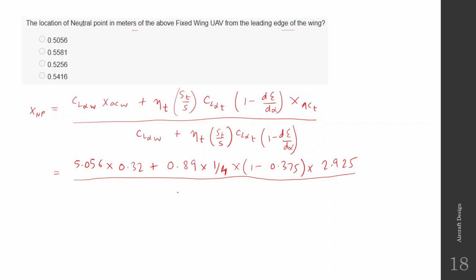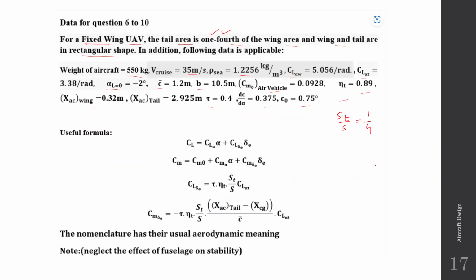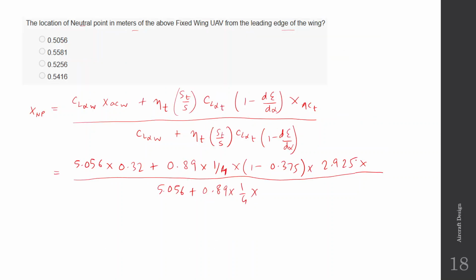And the CL alpha wing is 5.056 plus 0.89. So we have to also write the CL alpha tail. CL alpha tail is 3.38. So now you can calculate all of this.